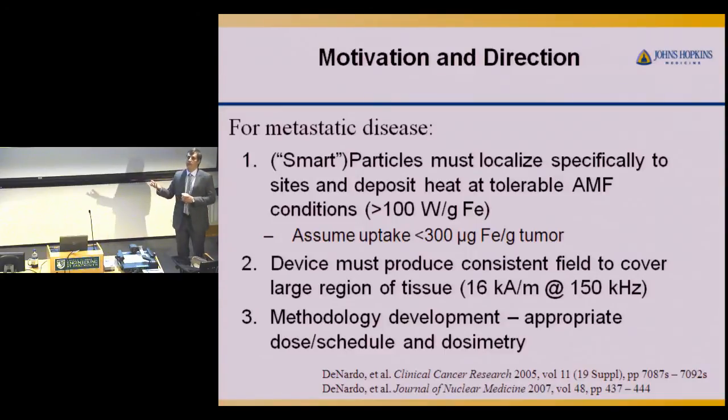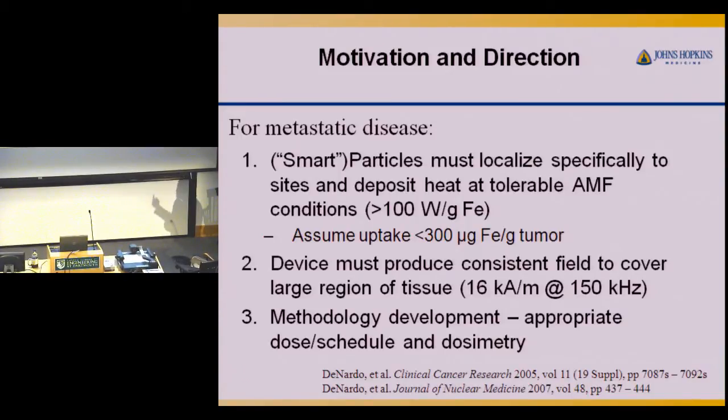Well, if we're going to think about that, then what are the specifications? What are the specs that our product would have to even have some hope of addressing this particular issue? Well, so a starting point, I've always thought, is maybe we start with, quote, smart particles that are able to, on their own, localize specifically to the cancer tissue or the target tissue.